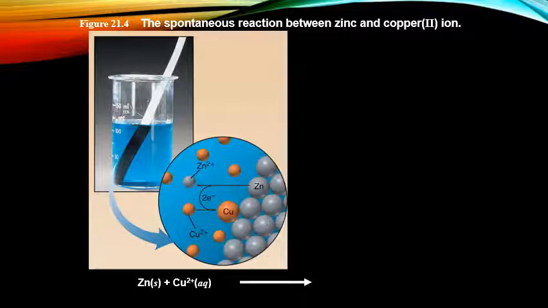So when we stick in the zinc electrode into the copper solution, what we find is that we have a direct transfer of electrons between the zinc and the copper ions in the solution. And so as a result, all of the energy that is changing places between the reactants and the products is not able to be harnessed.